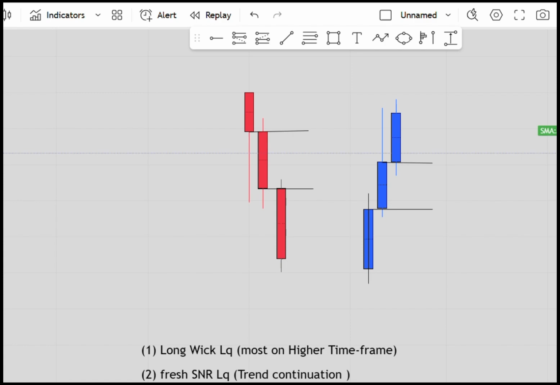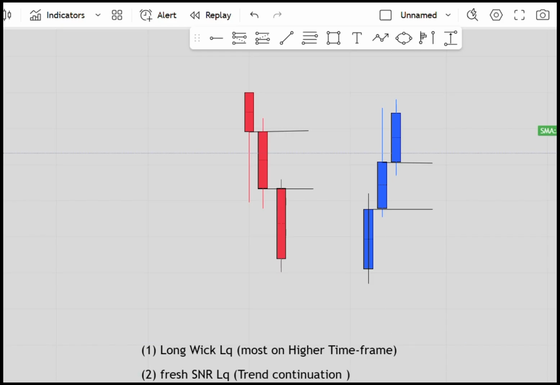For example, if you are taking a sell for bearish, or if you are taking a buy for a bullish. So you want to know if the market is still continuing in your direction. So this is how I use the fresh scenario as liquidity to continue my trend, and also to add more positions if I choose to.